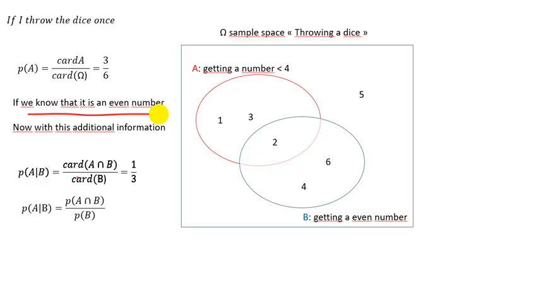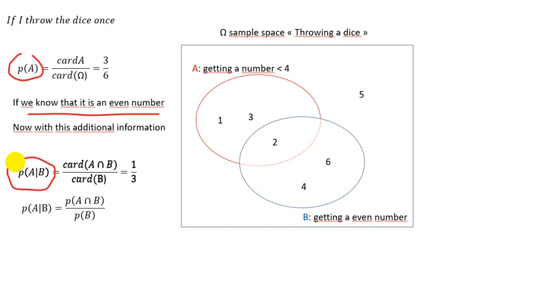So here, the first thing that changed is the notation. Now it's not P(A) anymore, but it is P(A) knowing it is B, P(A given B). So we must write it like this, because now what I want to find is the probability of A, knowing that it is an even number.